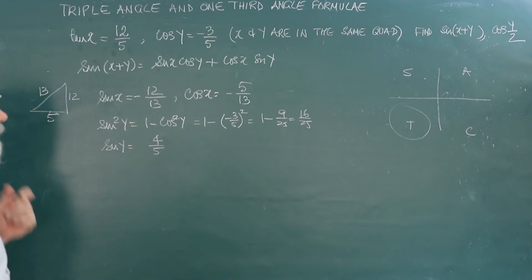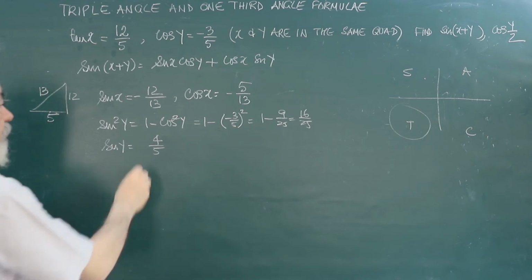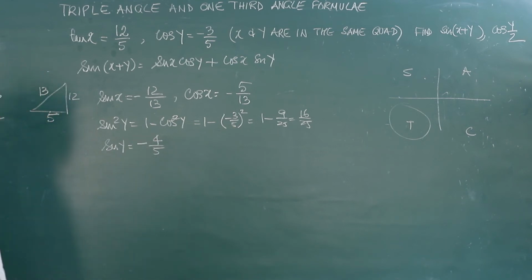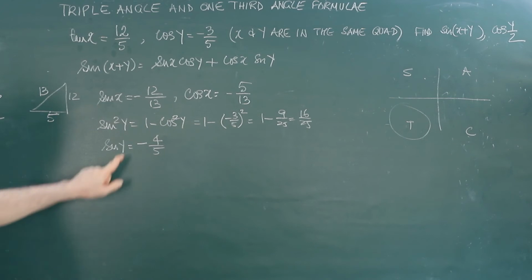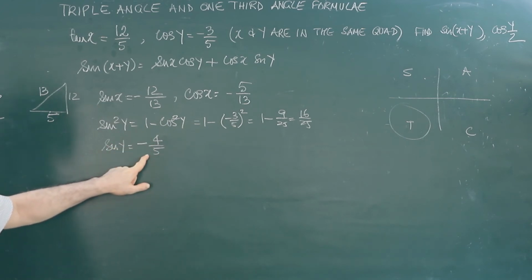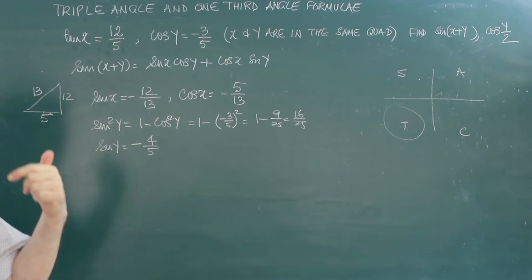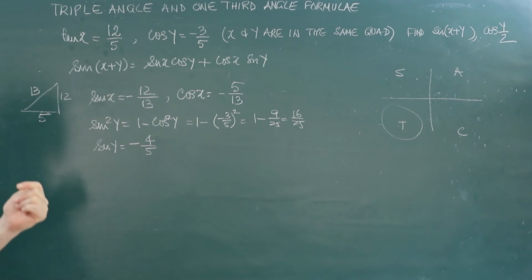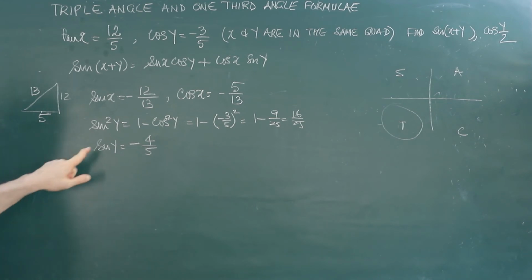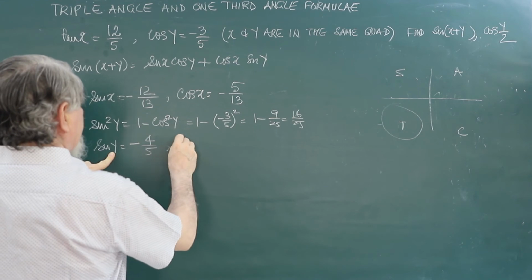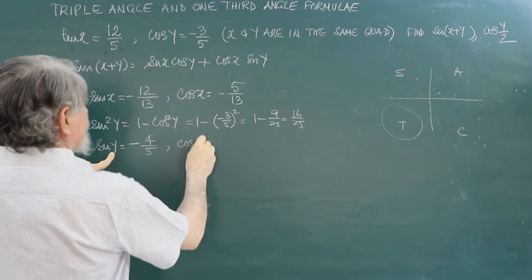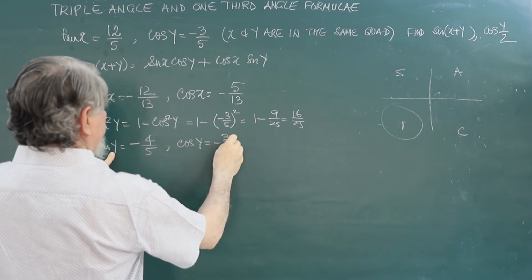The question is whether it will come negative or positive. Because they are in the third quadrant, the sign will be negative too. It will be minus 4 upon 5. Both signs, plus and minus, come when you take the square root, but we will take negative only because it is falling in the third quadrant. Sin Y is minus 4 upon 5, and cos Y is minus 3 upon 5.